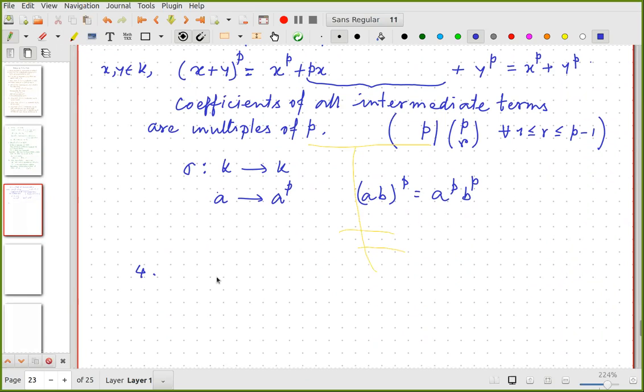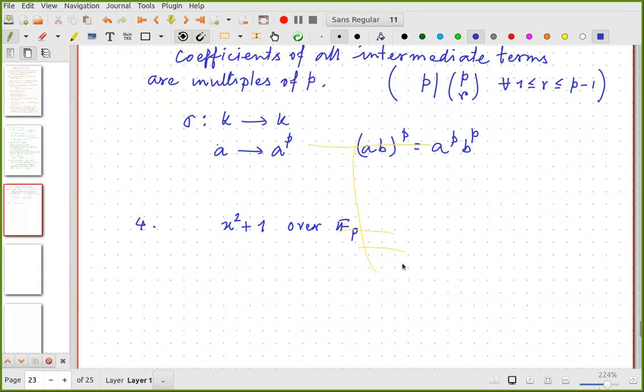So we have this polynomial x square plus 1 over Fp. Suppose it is reducible. Suppose x square plus 1 is reducible.